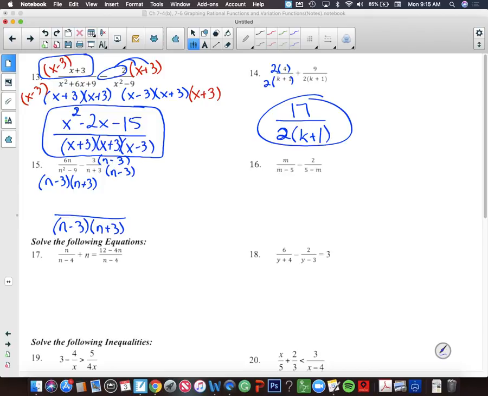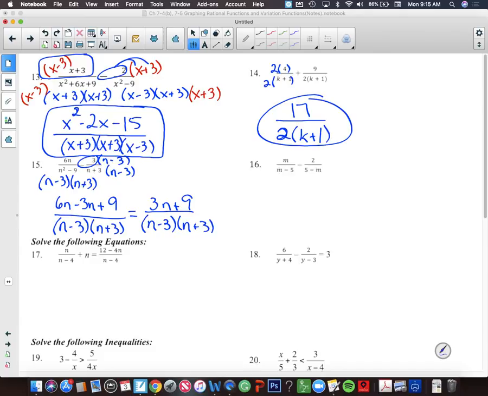So we'll have 6n, and that negative 3 goes through there. 6n minus 3n plus 9. Okay, and then we need to take it one more step and simplify that. So this turns into 3n plus 9 on the top over n minus 3, n plus 3.